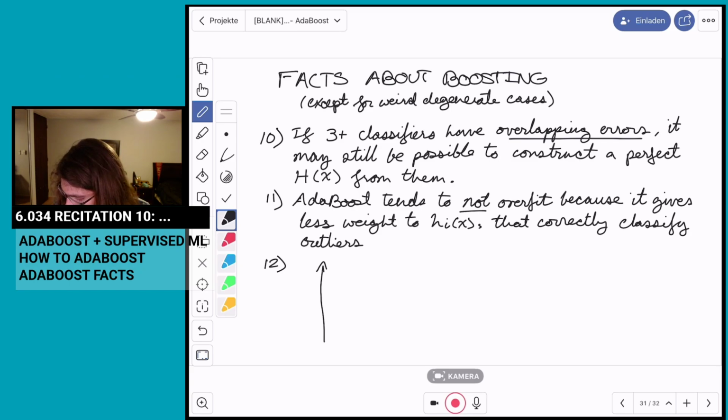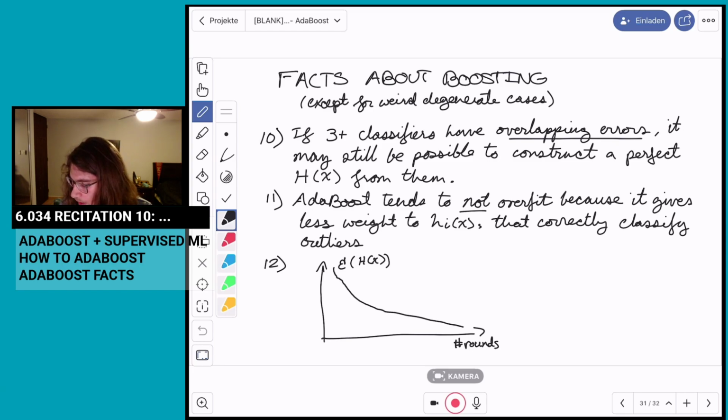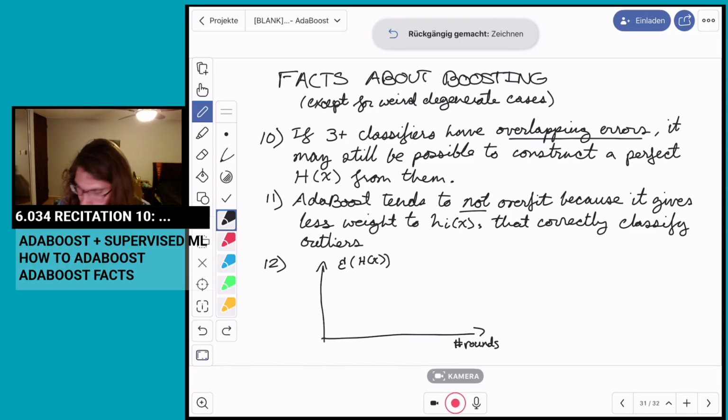So for number 12, I decided to leave it blank because this is something that I find really interesting, and I wanted to write it out myself. Let's make a graph here of the error rate of the strong classifier on the y-axis, and on the x-axis I'm going to write the number of rounds. So when you start, you have no classifiers, you have a really high error rate, and you're choosing classifiers through the rounds, and the error rate keeps going down. I take that back. This is what's happening.